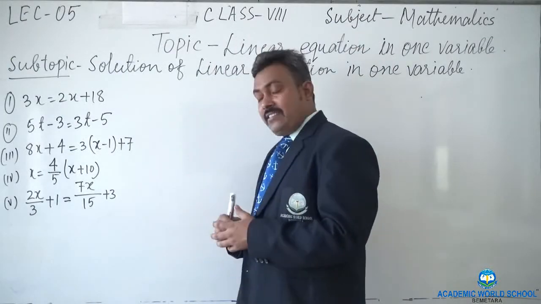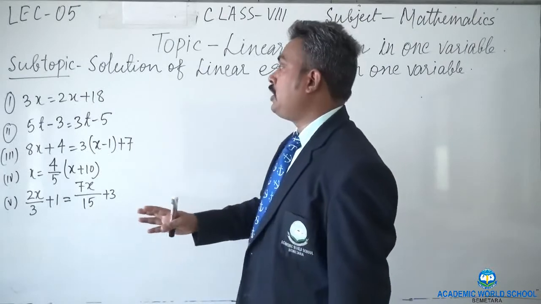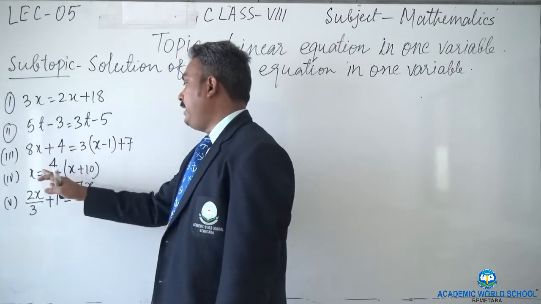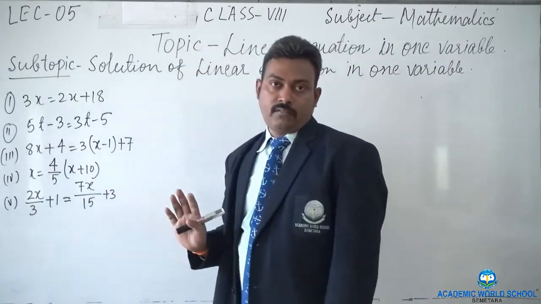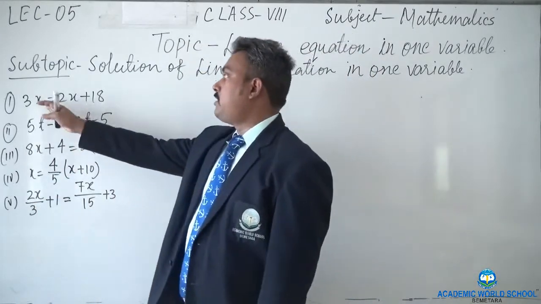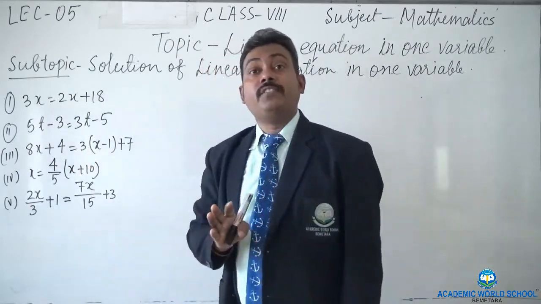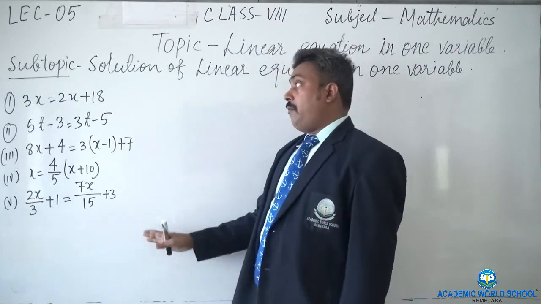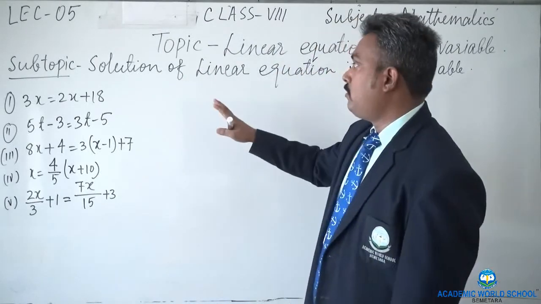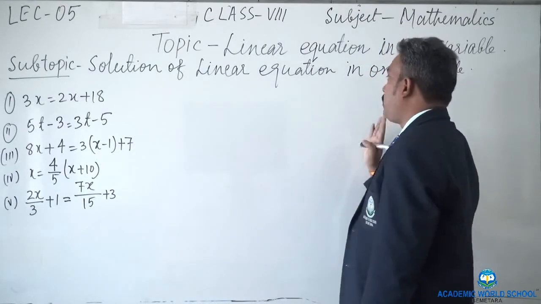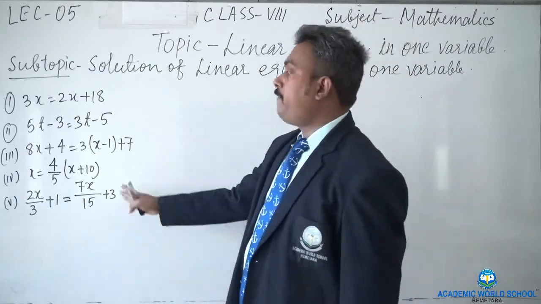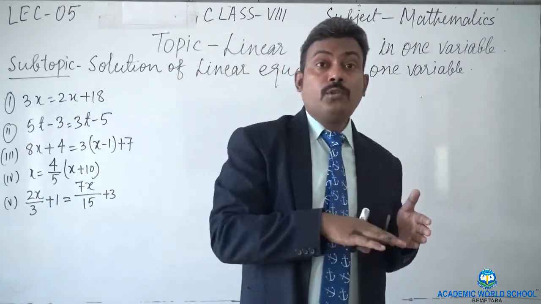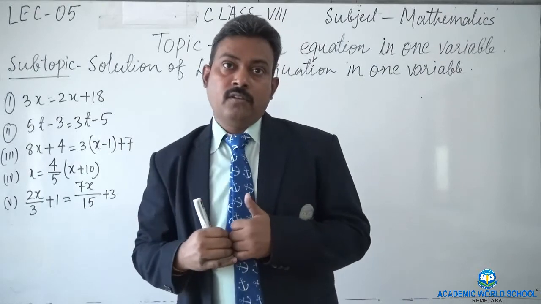So we are taking the next category of equation in which the variables are present in both sides of the equation. Variables are present in both sides of the equation, right? So basically we are going to talk about the solution of linear equation in one variable of this kind of equation in which the variables are on both sides.